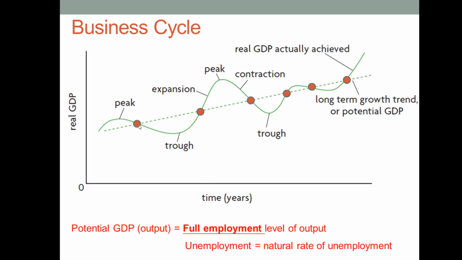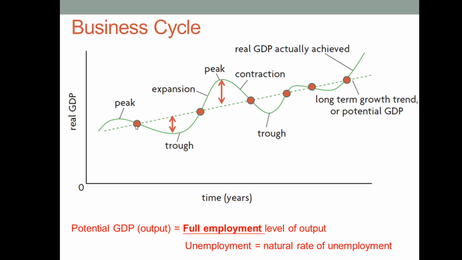Any point along the potential output means full employment. Along the way, sometimes you will go back to your potential output, and sometimes you are a bit off track.